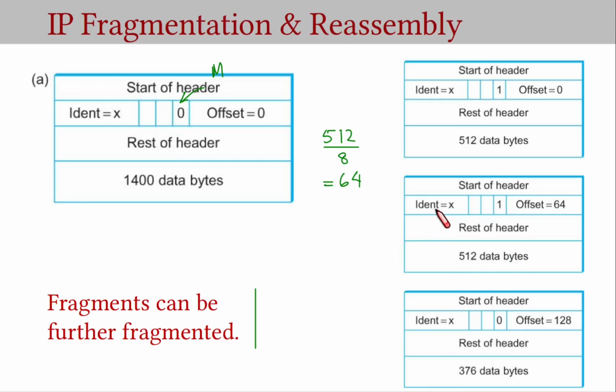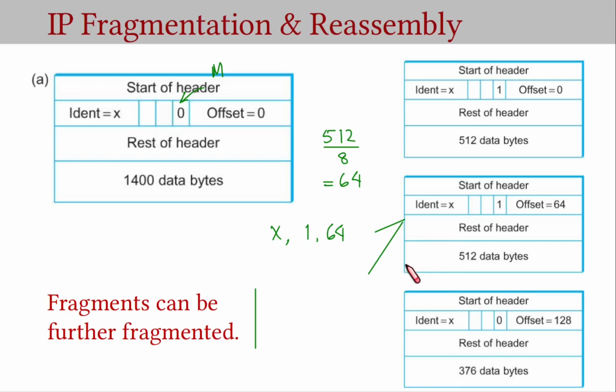Let's say we now have two fragments, fragment 1 and fragment 2. Fragment 1's identifier is going to be the same. Now, more bit, what does it tell? In this case the more bit is set to 1, because we are fragmenting in any case, and the offset is going to be the same as before, 64.